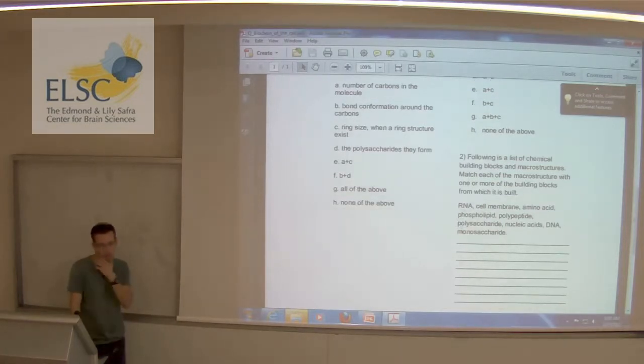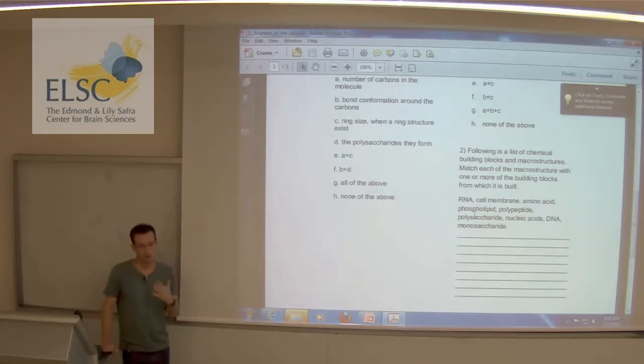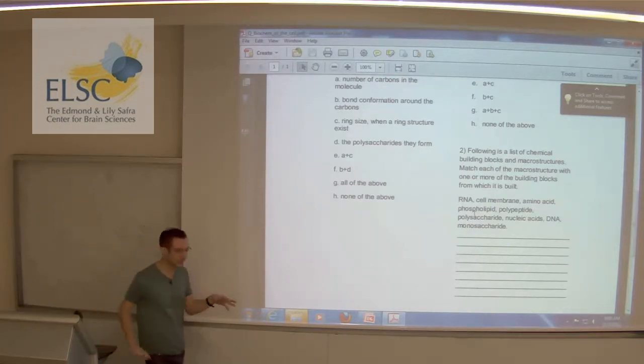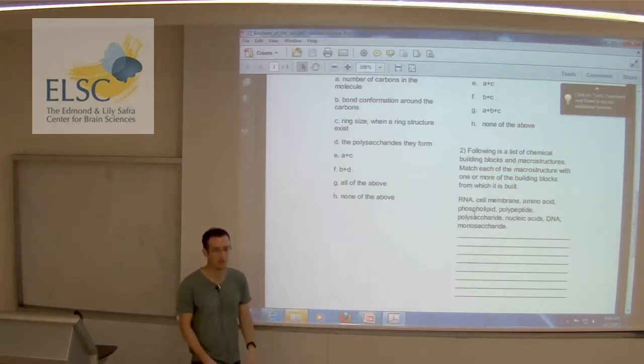Who wants to try? DNA, RNA, and nucleic acids. Correct. Anyone want to continue? Cell membrane, phospholipid. Exactly, cell membrane is built of phospholipids. I'm not sure about the pronunciation either, but that's correct.